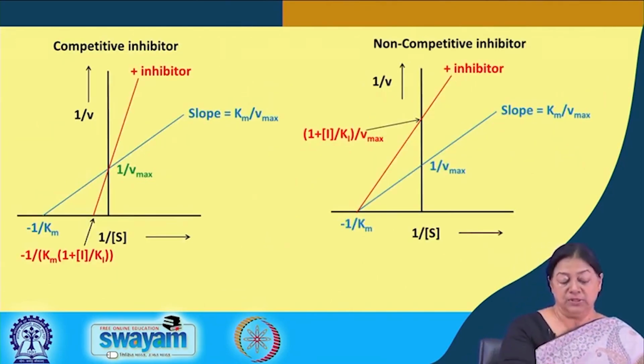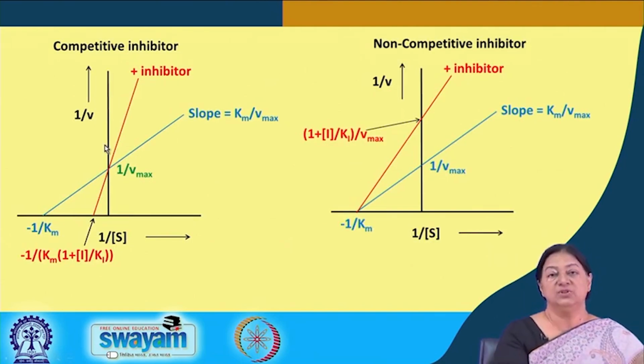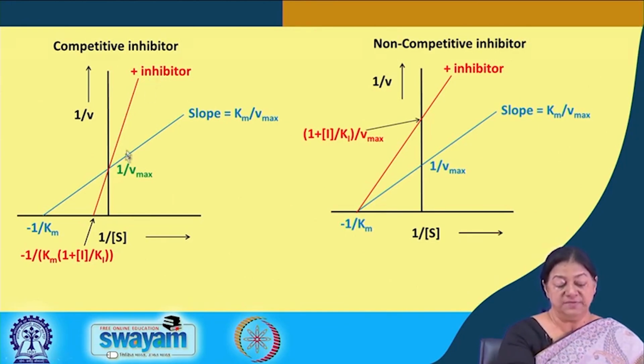If we look at the plots now, the 1 by V versus 1 by S is called the Lineweaver-Burk plot. In the Lineweaver-Burk plot, we look at the specific case where we have the Vmax. So, this is the case where we have no inhibitor.